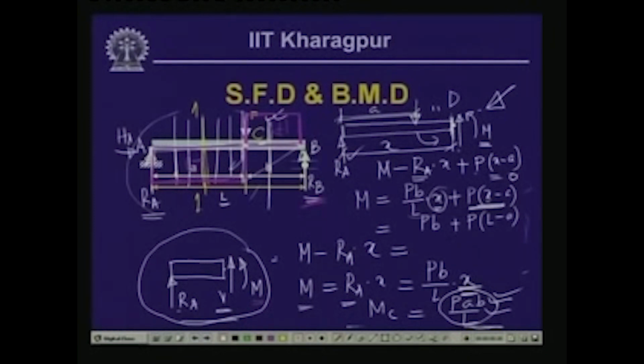So, this is going to be minus P b by L into x minus P into x minus a. So, this is minus, and L minus a is nothing but b. So, this is equal to 0.